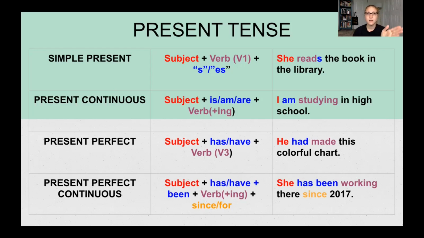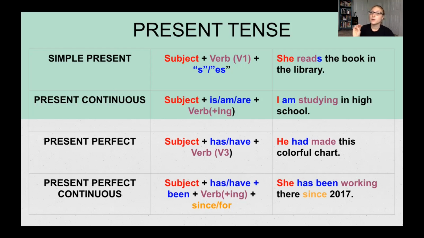So then what we have, present perfect, subject plus has, have, plus verb 3. Okay, so we still have that 2-verb system. And if you follow that from present continuous down to present perfect, we still have the 2 verbs, but the difference is has, have are helping verbs.